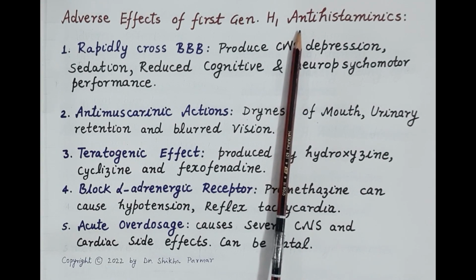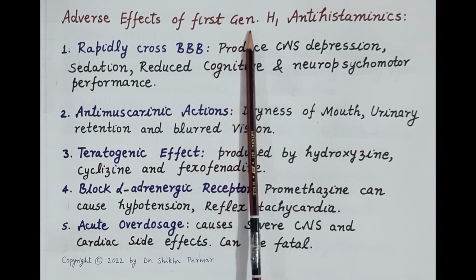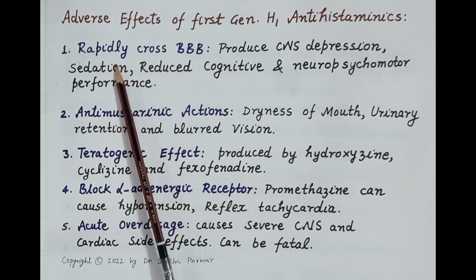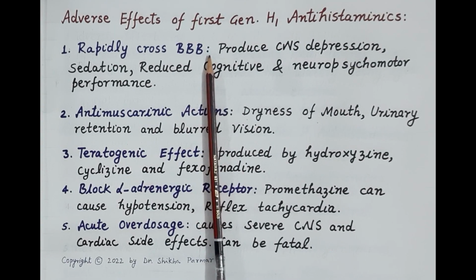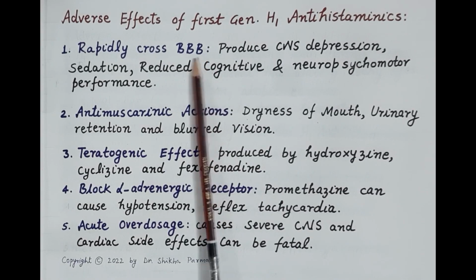Apart from this, second generation H1 antihistaminics are highly selective for H1 receptors and do not interact with other receptors. Conventional first generation antihistaminics show considerable side effects as they rapidly cross the blood-brain barrier, and they also show poor selectivity for H1 receptors.